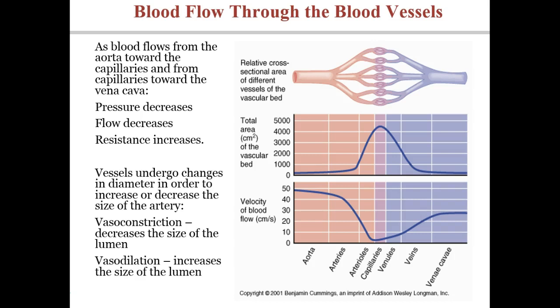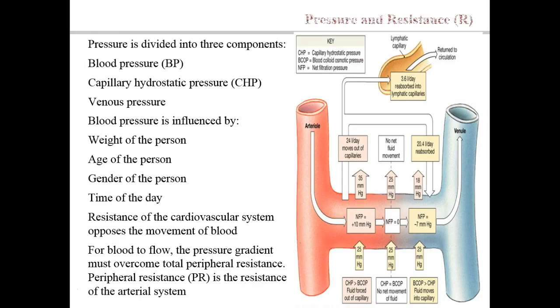So the capillary bed pressure is what is most important. Most everything else about blood pressure is to make sure the capillary bed pressure is optimal for homeostasis.